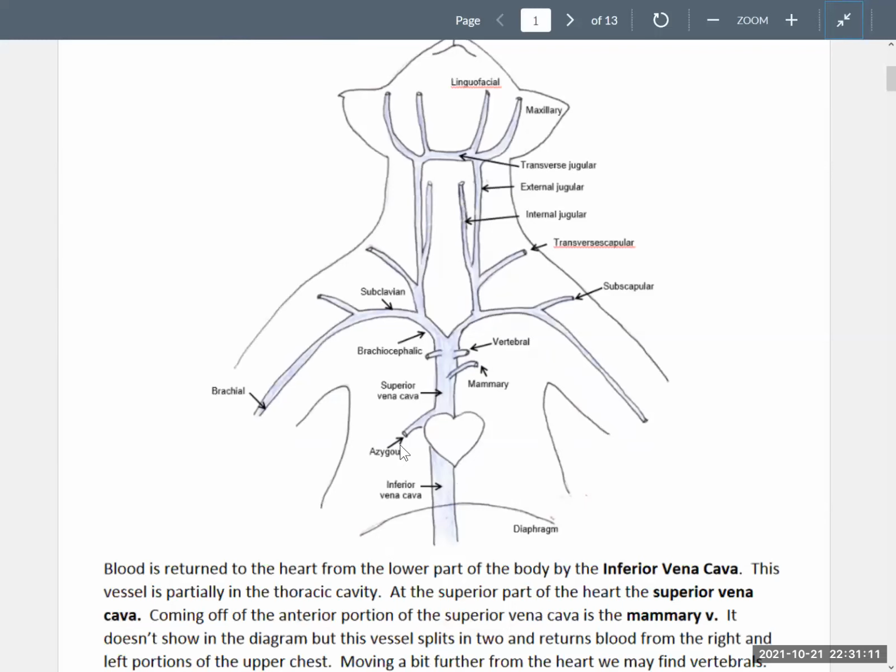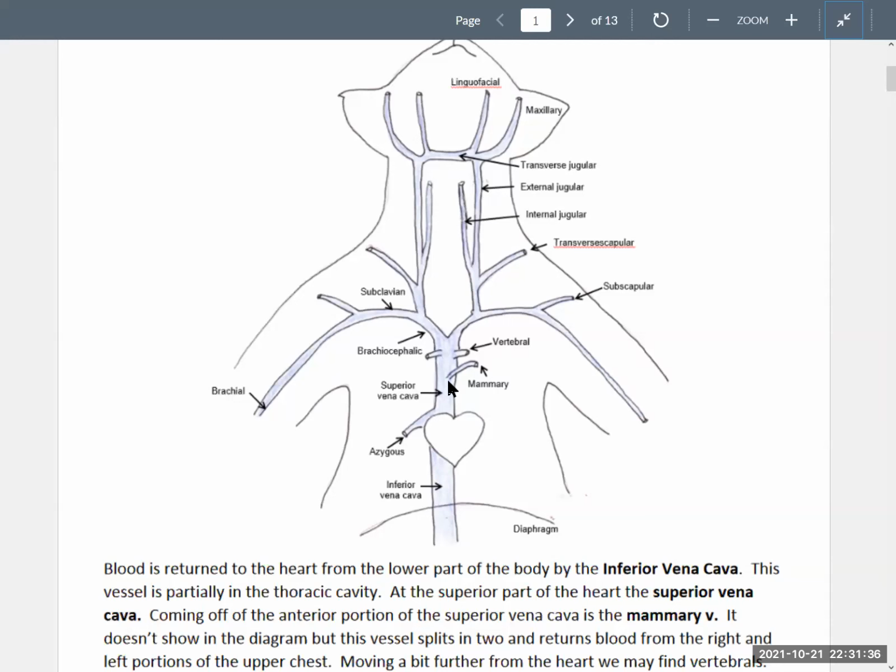The azygos brings blood from the back, from the spinal area, and it empties into the superior vena cava. The superior vena cava continues upward here until it splits and goes towards the right and left arms.